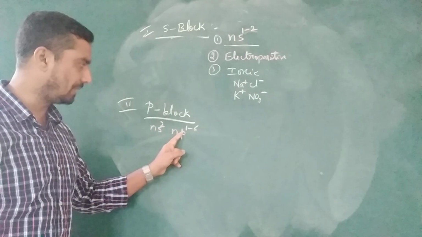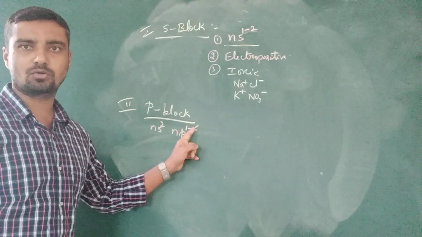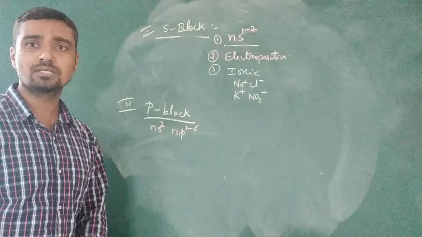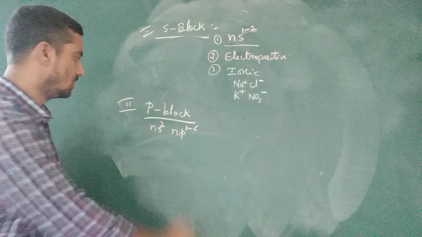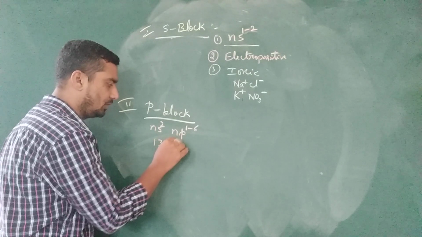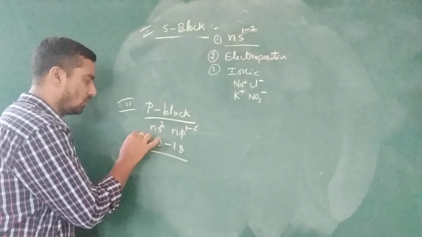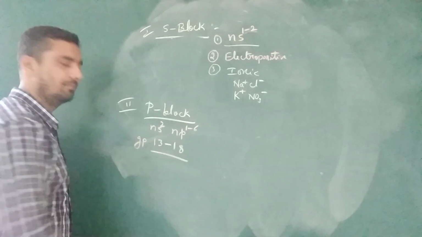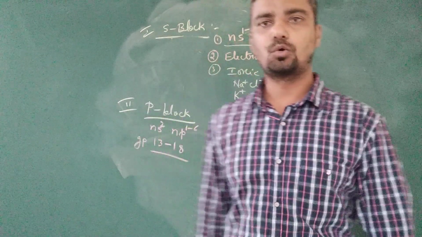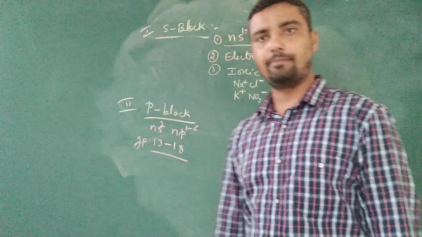For p, the minimum is 1 electron and the maximum is 6 electrons. Here the groups are group 13 to group 18. It starts from group 13 and ends with group 18, and they belong to the P block elements.